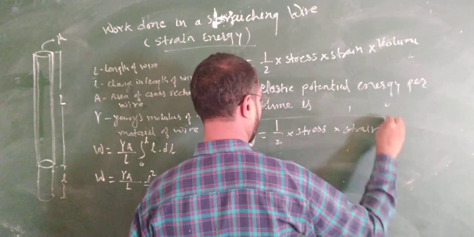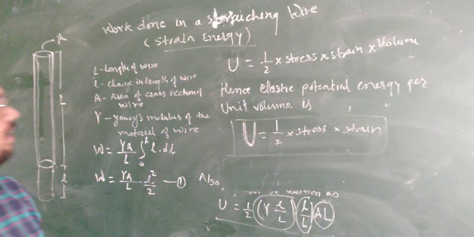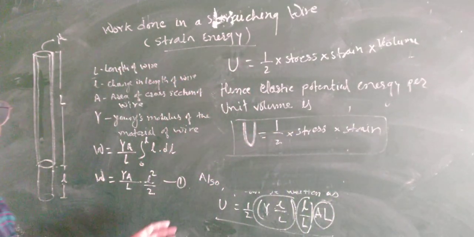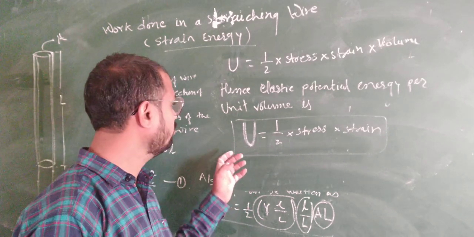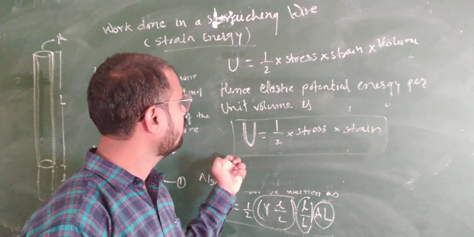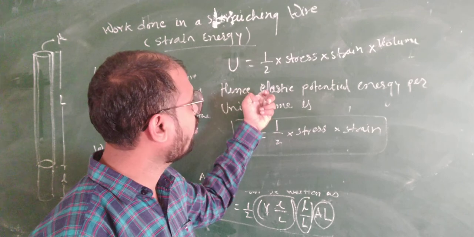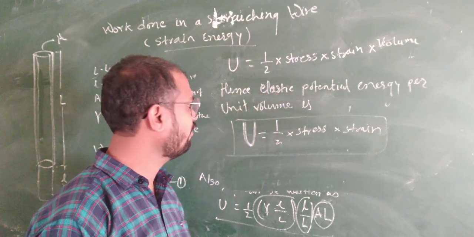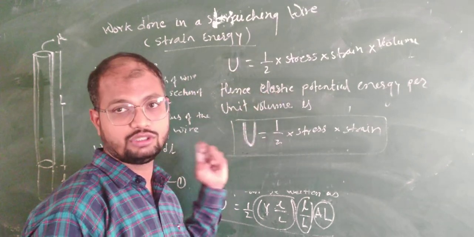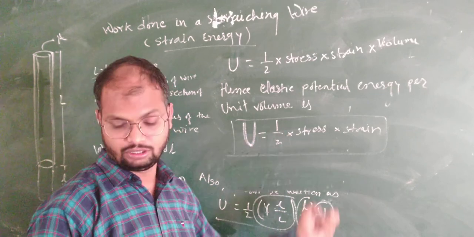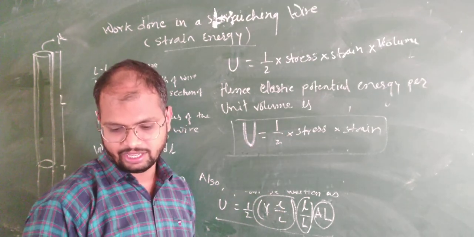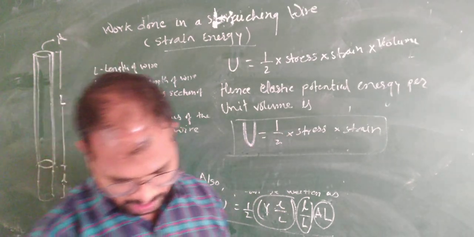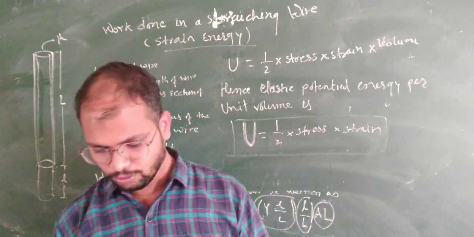So what is asked first in the exam is to write down the expression for elastic potential energy per unit volume. You have to write this equation, that is U is equal to half into stress into strain. This is the elastic potential energy per unit volume.